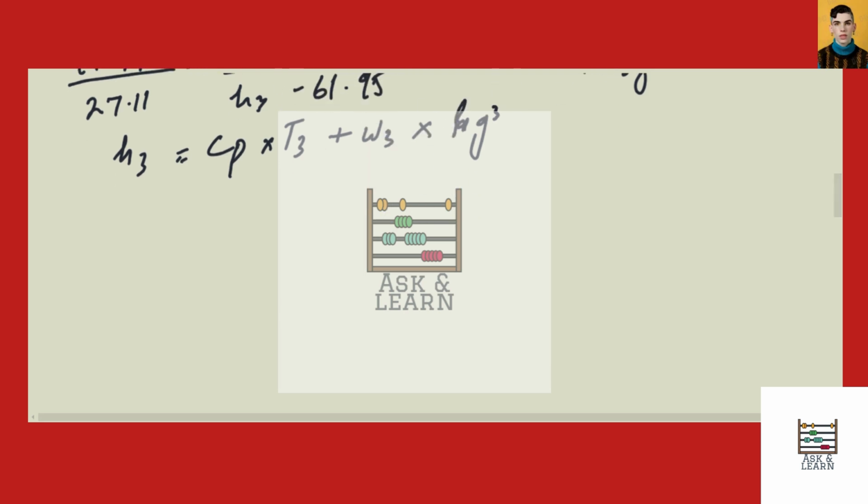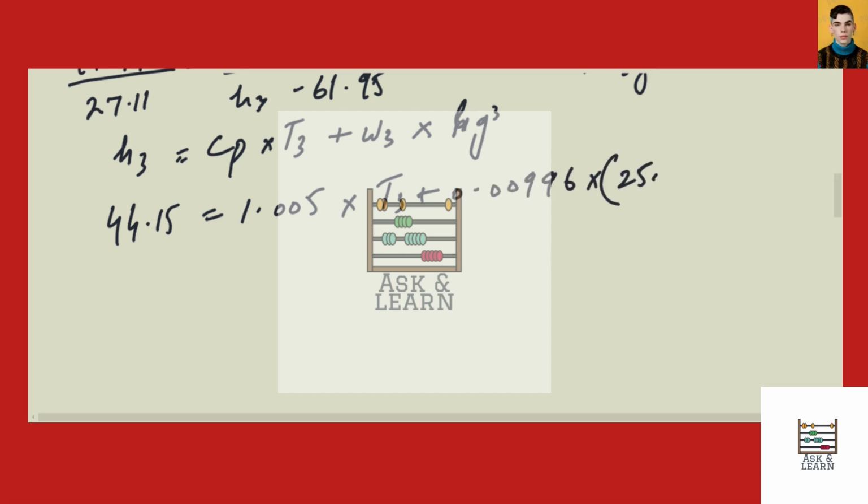So now we put the values here. 44.15 is equal to 1.005 multiplied by T3 plus 0.00996 multiplied by 2501.3 plus 1.82 into T3. So guys, after solving this, we get the value of T3 to be 18.8 degrees centigrade.